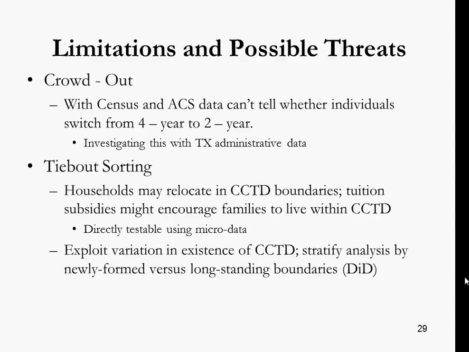Right. Well, it turns out that there is some overlap between taxing districts, community college, and school district boundaries for primary and secondary. But we know that there is quite a bit of boundary where there is no overlap. And so what we're doing is we're only using the boundaries that don't align with the school district.